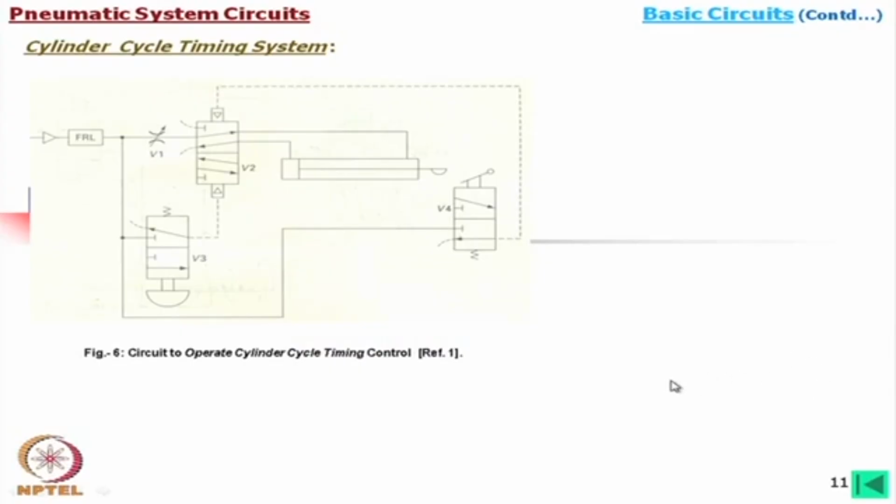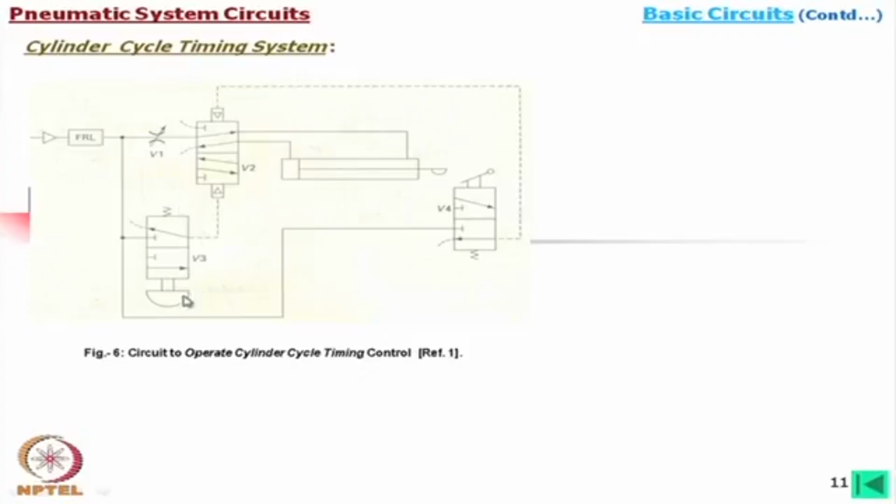In that case, if we first look into the system, this part is the same as it is, and then there is a flow control valve, a needle valve, and then there is a direction control valve, which is pilot operated. Okay.